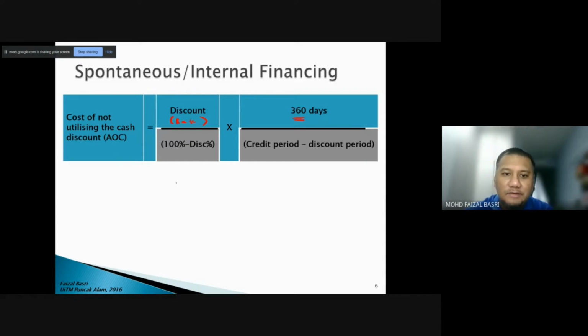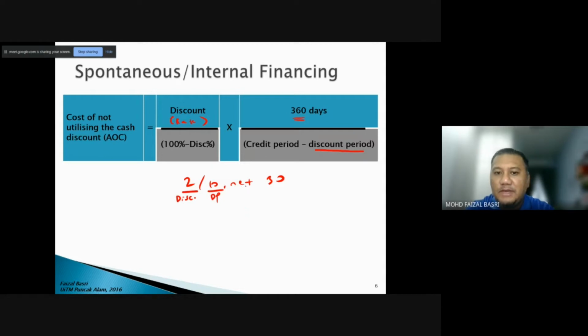So remember last time we have these credit terms, 2/10 net 30, for example. If you can recall, this 2 refers to the discount, 2% discount, and this 10 days refers to the discount period.